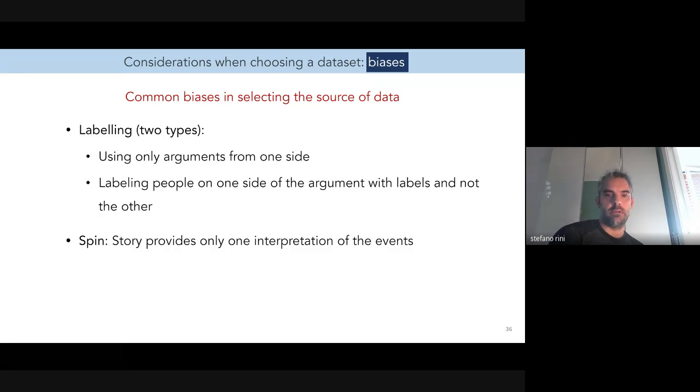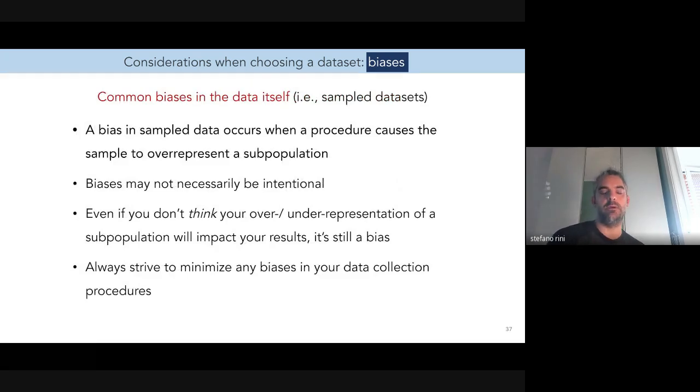Yeah, so more on the news type collection or argument collection. When you collect data, you should take into account both sides of an argument that can be made, and then you have to prevent spin. So you have to prevent changing the interpretation of the data to fit your own agenda.